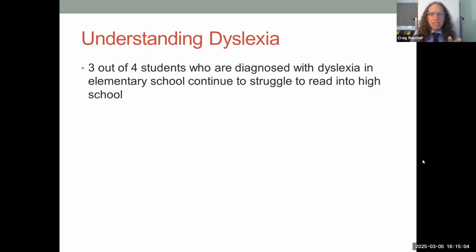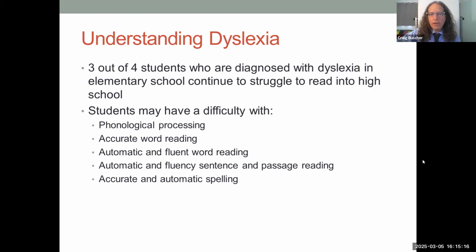This statistic shows that 3 out of 4 students who are diagnosed with dyslexia in elementary school still have these struggles to read in high school. So it can take a lot of time and effort to help a student become a more proficient word reader. Sometimes it will get better, but it's still a battle.